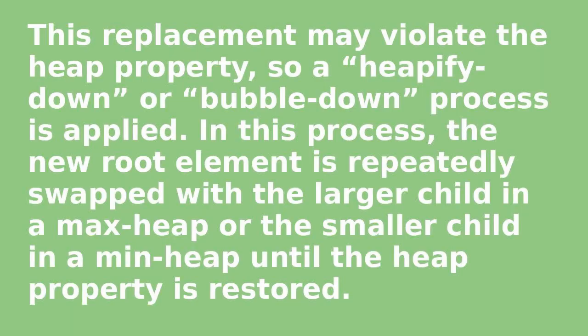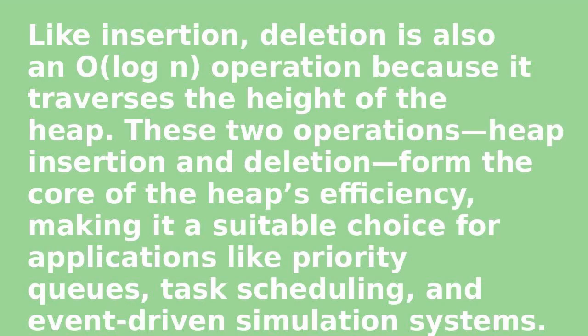This replacement may violate the heap property, so a heapify down or bubble down process is applied. In this process, the new root element is repeatedly swapped with the larger child in a max heap or the smaller child in a min heap until the heap property is restored. Like insertion, deletion is also an O(log n) operation because it traverses the height of the heap.